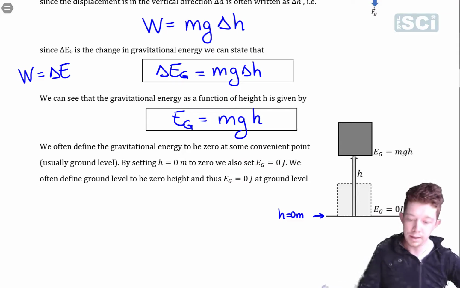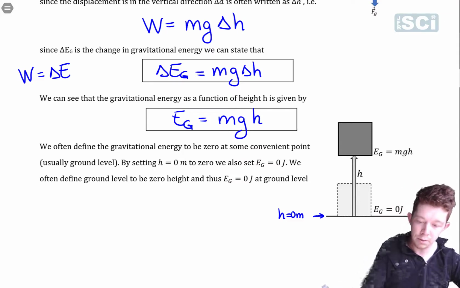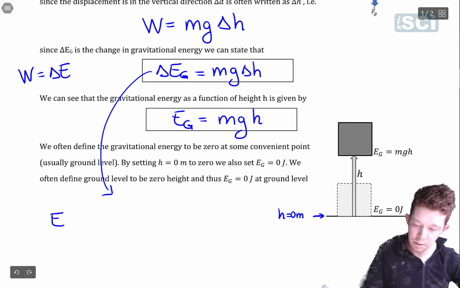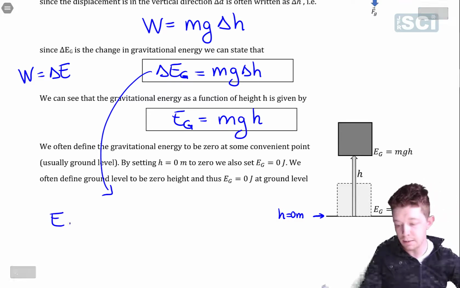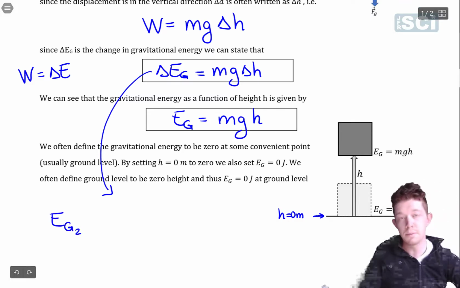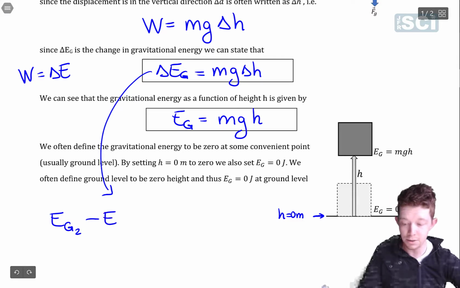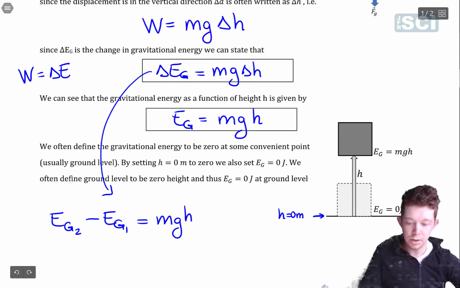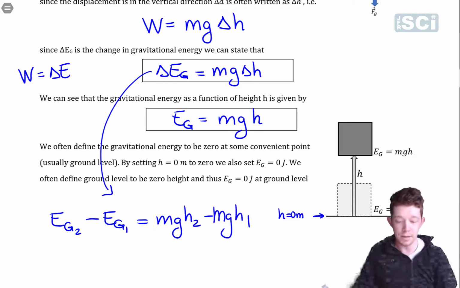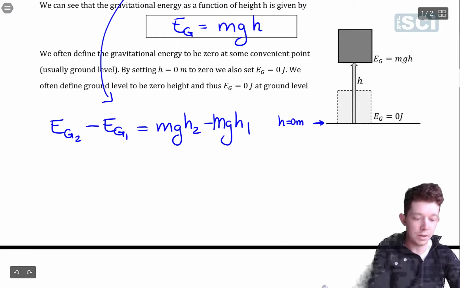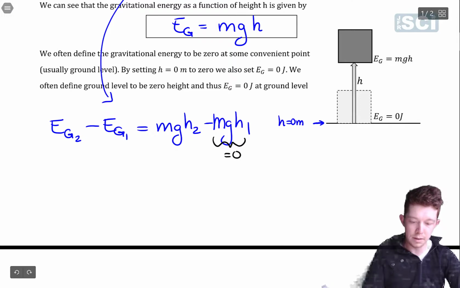So if I'm looking at this situation, I say I'm moving from this equation down. The change in energy means that it's the final gravitational potential energy minus its initial gravitational potential energy, which is equal to its mass multiplied by its gravitational intensity, mgh2 minus mgh1, final height minus its initial height. And if I call its initial height 0, that means that this whole term is equal to 0.